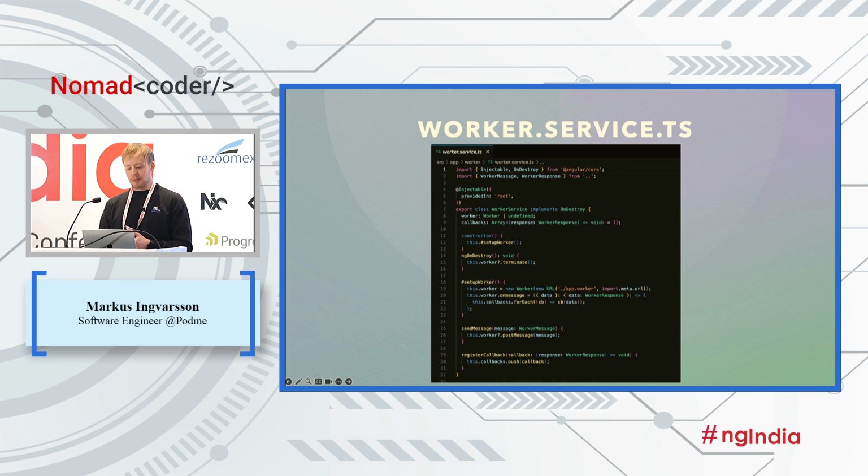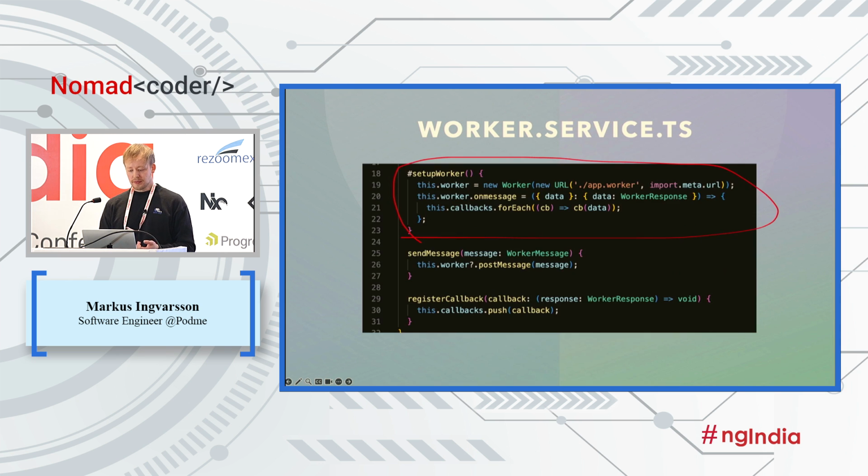And then we have a web worker service, which is, in this case, an Angular service that wraps the web worker. And in the service, we set up the web worker, meaning that we instantiate it, and we set up a handler for the onMessage event. So in this case, we will call the registered callback functions.